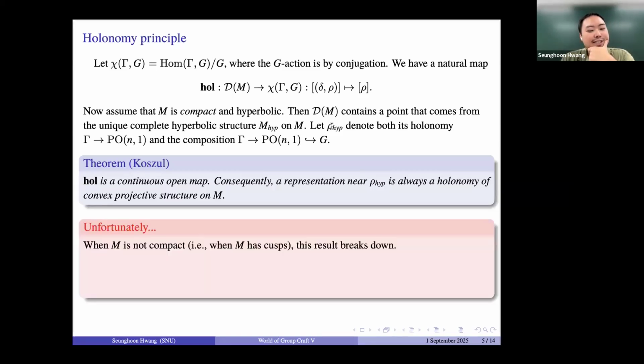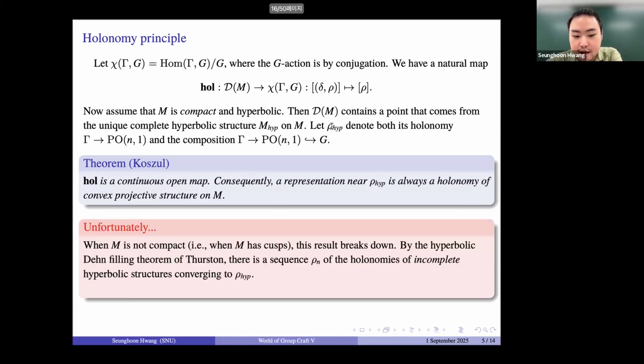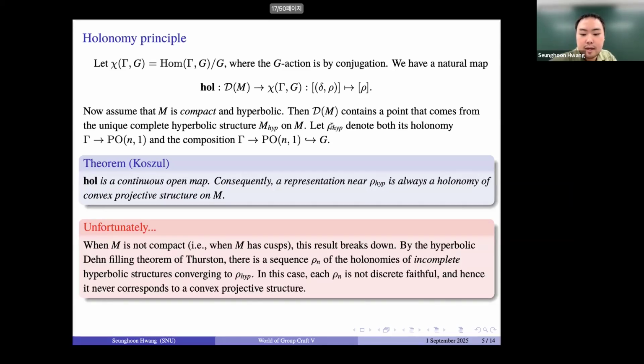But unfortunately, this breaks down when M is not compact, in other words, when we have cusped complete hyperbolic manifolds. This happens because of the hyperbolic Dehn filling theorem of Thurston. We have sequences of holonomies of incomplete hyperbolic structures that converge to rho hype.